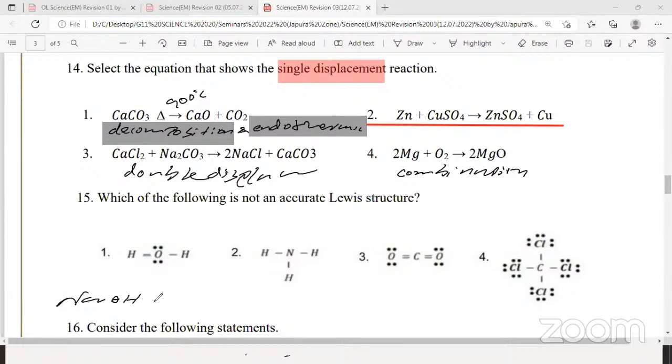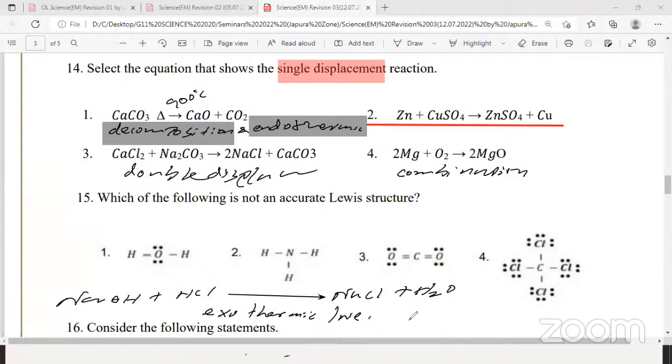Sodium hydroxide NaOH reacts with HCl forming sodium chloride and water, NaCl and H2O. This is a neutralization reaction as well as an exothermic reaction. Please note this down.